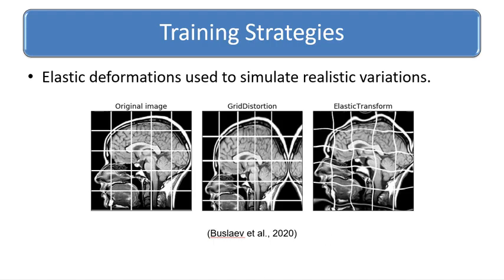These deformations stretch and bend the image grid, mimicking natural variability while preserving anatomical plausibility. Elastic deformations were particularly emphasized in the UNet paper and helped achieve better generalization with very few training samples.